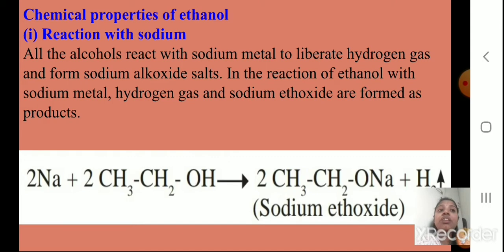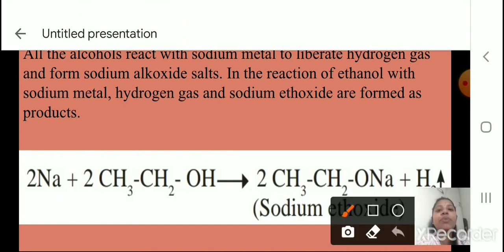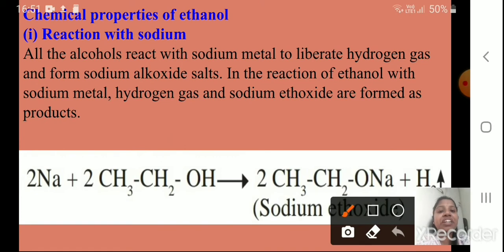In the reaction of ethanol with sodium metal, hydrogen gas and sodium ethoxide are formed as products. This is an important reaction, you will write and practice it, students. 2Na plus 2CH3CH2OH, sodium metal reacting with ethanol, gives sodium ethoxide, 2CH3CH2ONa, plus H2 gas liberated.